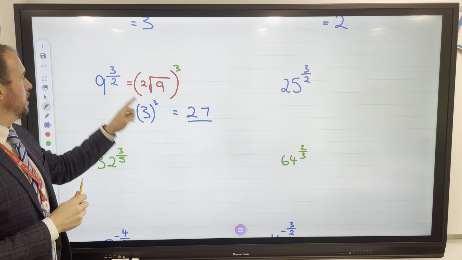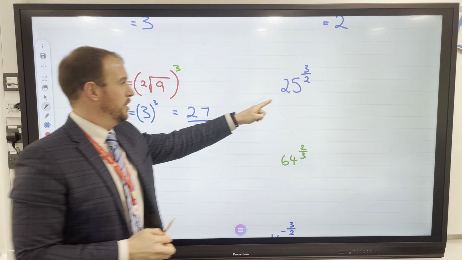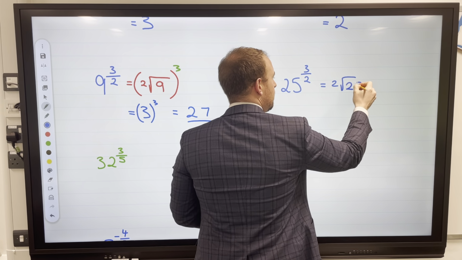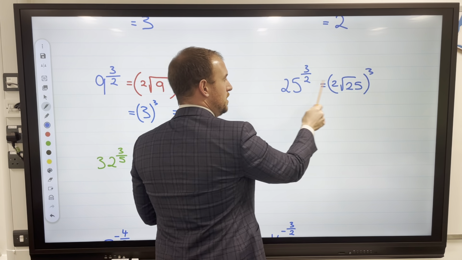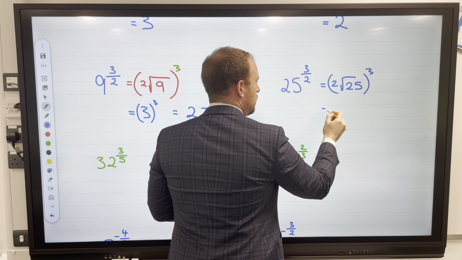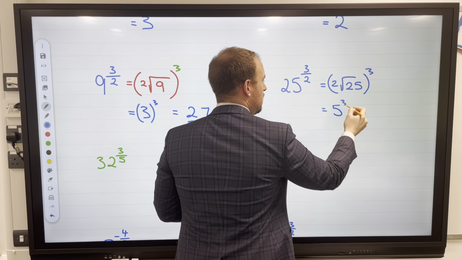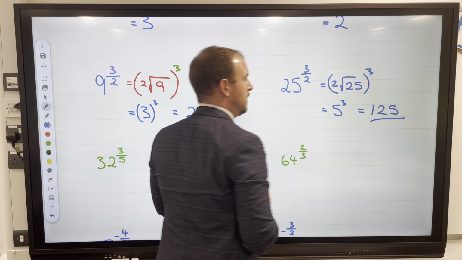So then power of the root and the power afterwards. Here then, square root of 25 to the power of 3. Hopefully you can see where these numbers have come from. Square root of 25 is 5, to the power of 3 would be 125.